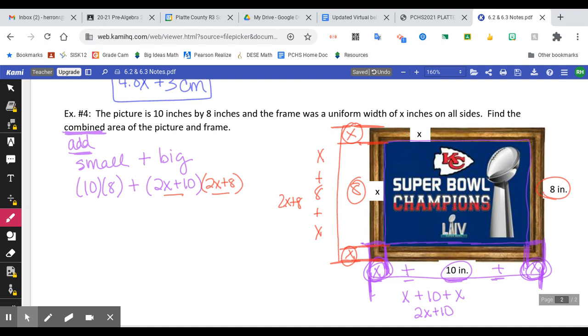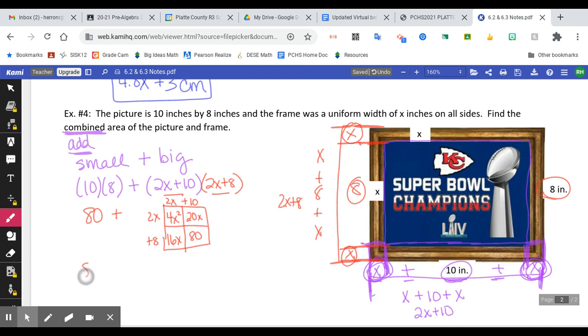So we know that this part is 80 plus whatever I get for the box on this. I have 2x plus 10 and 2x plus 8. 2 times 2 gives me 4x squared. Then 2 times 8 is 16x, 2x times 10 is 20x, and 10 times 8 is 80.